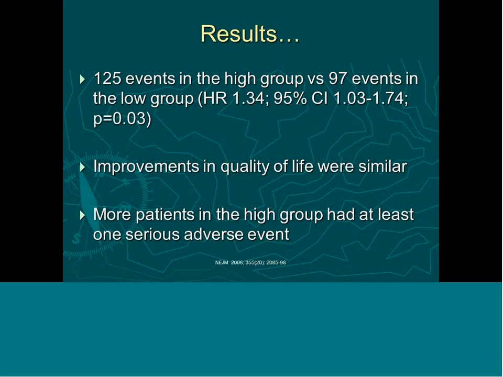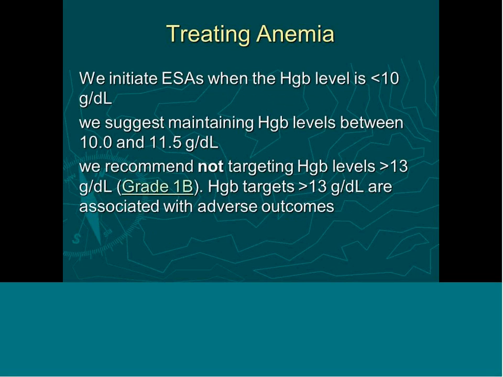So the trial was stopped, showing a higher rate of cardiovascular events in the arms at higher hemoglobin levels. After these 2 trials, done in dialysis patients, the management of anemia in chronic kidney disease has changed significantly.